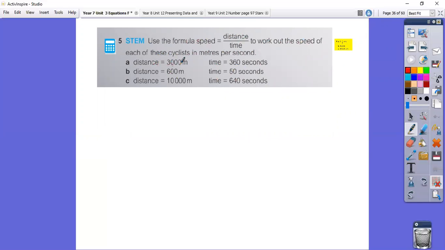If the distance is 3,000 meters and the time is 360, then for part A you would do 3,000 divided by 360 to give you the speed. Then you would do part B and part C using the same formula.